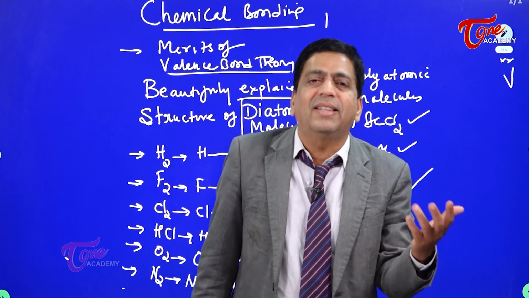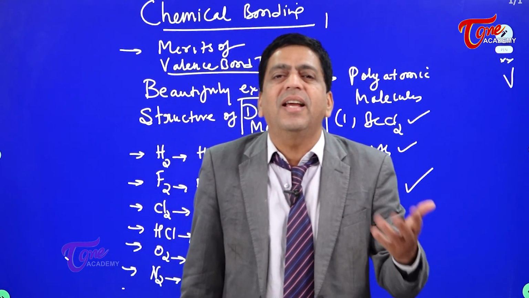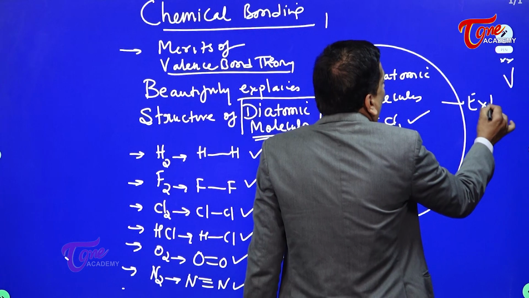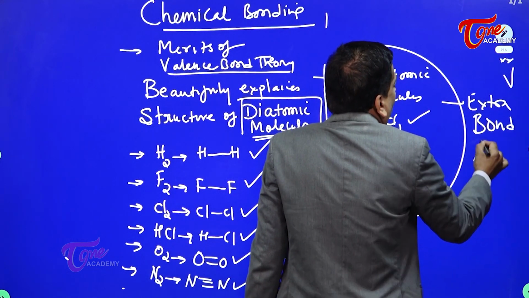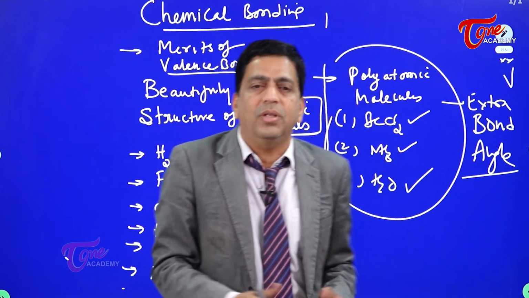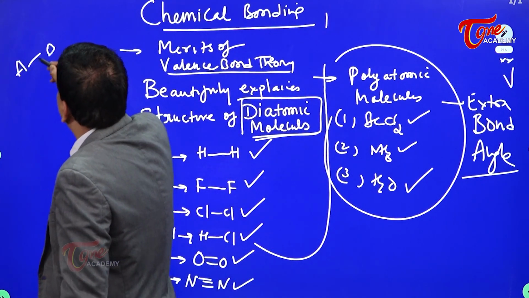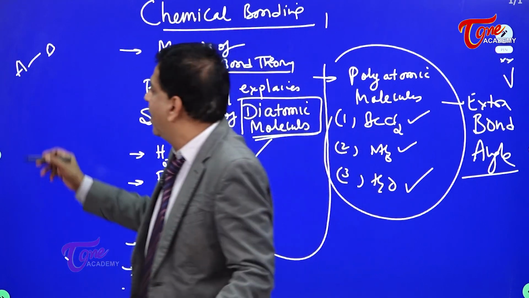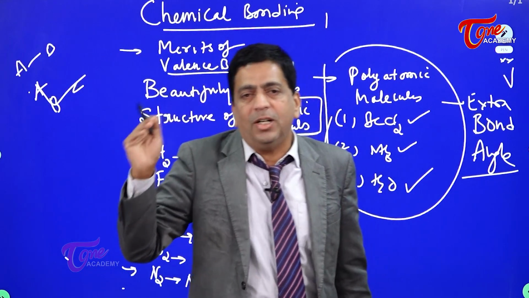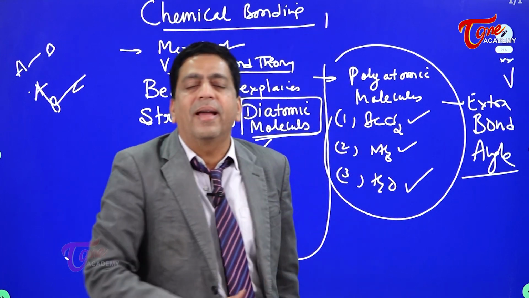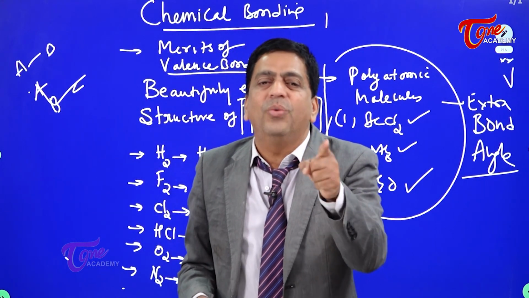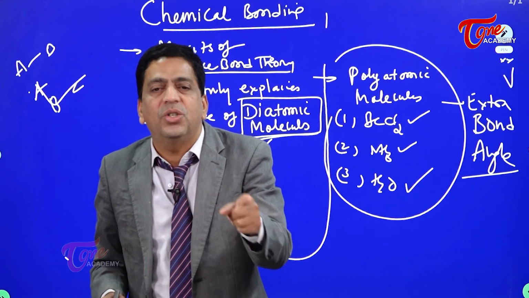And the biggest problem involving 3 atoms is that you must even explain the extra thing, which is the bond angle. Because you require 3 atoms to form an angle, not 2 atoms. What is the angle between these two? There is no angle. For an angle, you should have A, B, and C. Whenever you are involving 3 atoms, polyatomic, an angle comes into place, and you should tell people how the angle of 50 degrees, 60 degrees, or 70 degrees is formed.